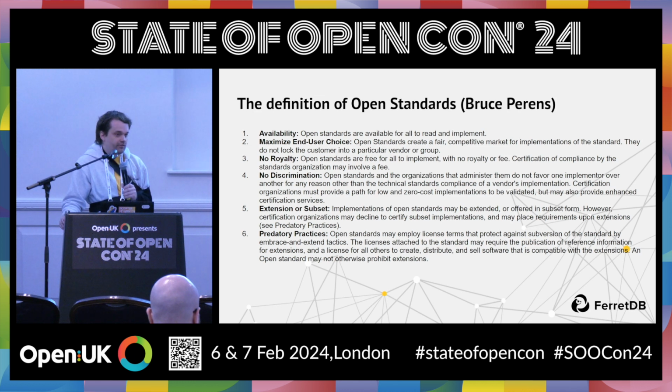No royalties, so open standards are free. Sometimes you have to pay for the document, but in theory, this is to cover the expenses of the work on the standard and the distribution of the document, but by itself, there should be no license fee coming with the open standard.